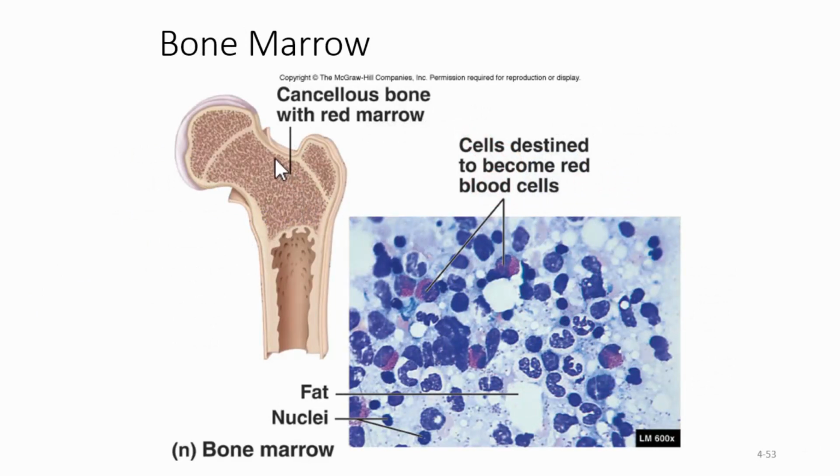We can see the cancellous or spongy bone. Here's the hard compact bone. This is where you'll typically find red bone marrow, and this is where you'll typically find yellow bone marrow. And these are all the different immature red and white blood cells.